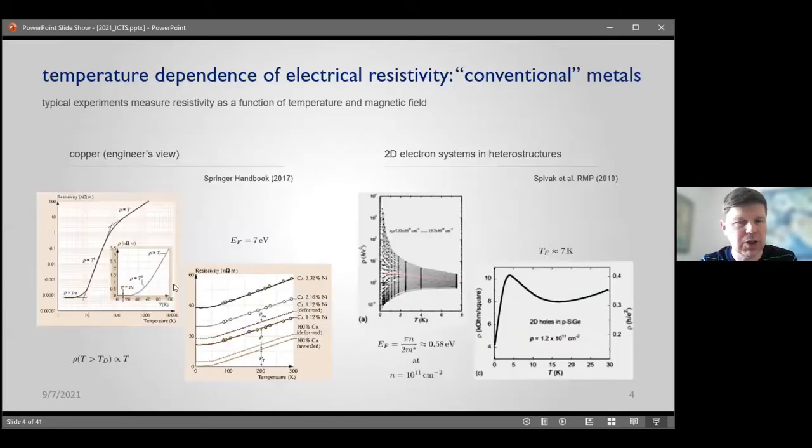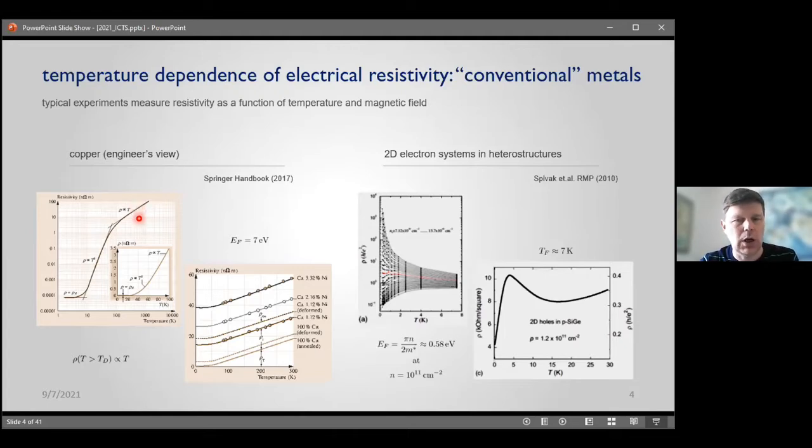Now, if you look at the temperature dependence of the resistivity in copper, again from an engineering textbook, you see about 3 distinct regimes. At the very lowest temperatures, you have a constant, temperature-independent resistivity, which is typically attributed to disorder. Then there is an intermediate regime with a fifth power of the temperature, which is typically attributed to electron-phonon scattering. And once the Debye temperature is exceeded, the resistivity becomes linear in temperature. That's where phonons play the role of static disorder.